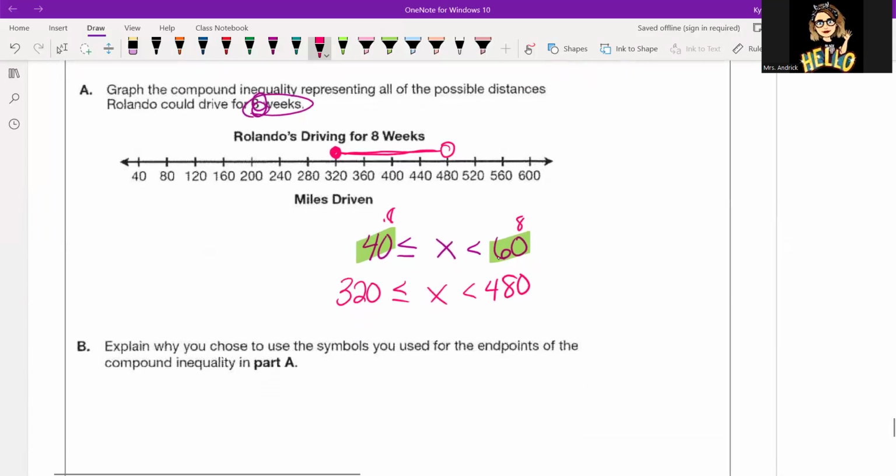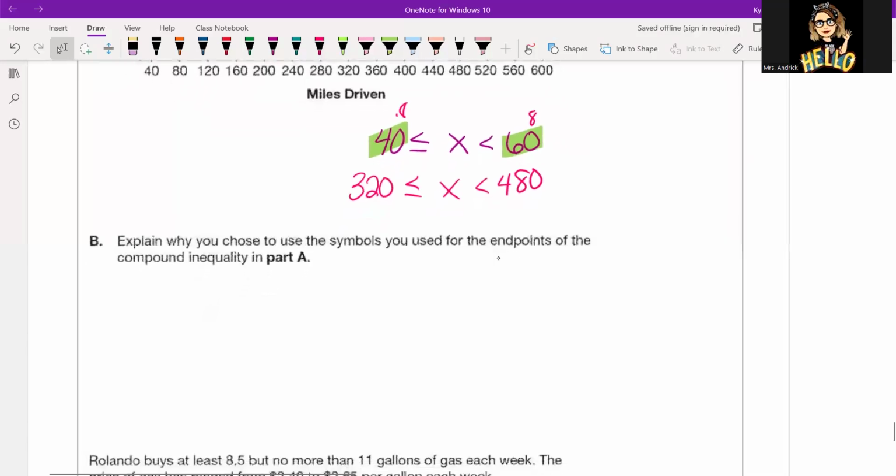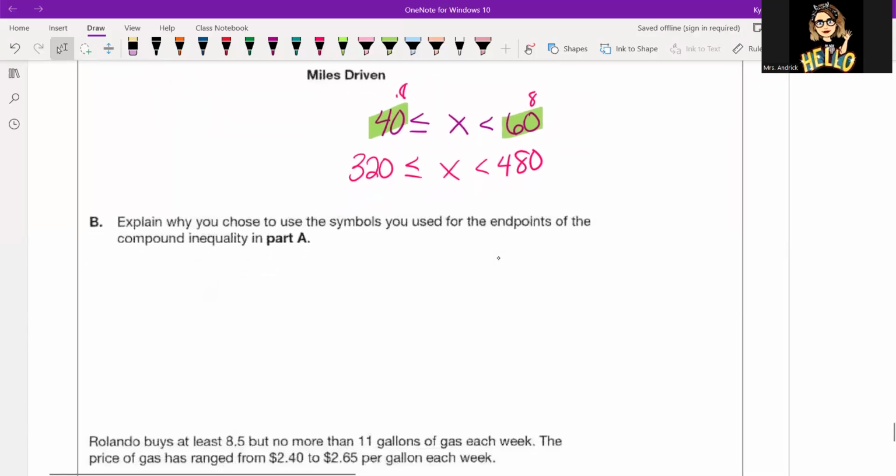Okay, so explain why we chose those points for your endpoints.